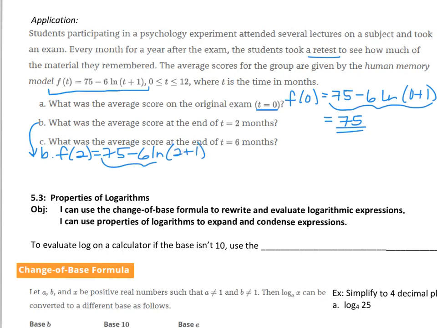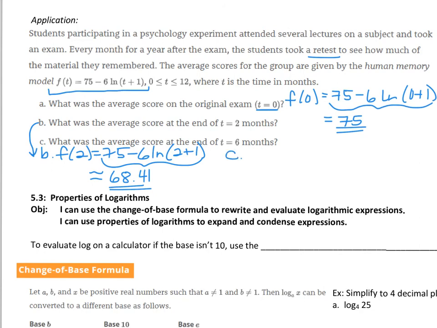You should be able to type that all in at once. 2 plus 1 is 3, so you could condense that much down. Notice there aren't any parentheses, so just type it all in at once. And I found to the nearest hundredth that the scores did in fact drop a little bit. I got approximately 68.41. So in a couple of months, students lost some of the retention of that content.